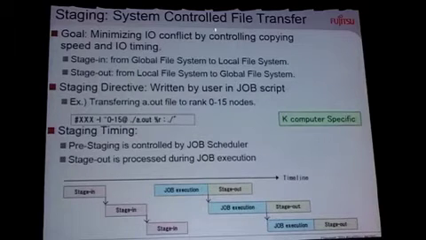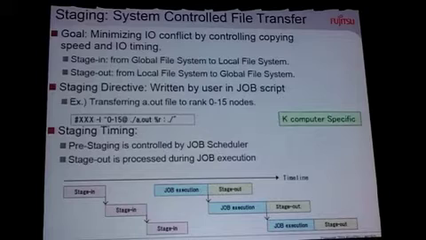Next topic is staging, where the system controls file transfer. The staging goal is minimizing I/O conflict by controlling copying speed and I/O timing. Here is stage in, from the global file system to the local file system. Stage out means from the local file system to the global file system.